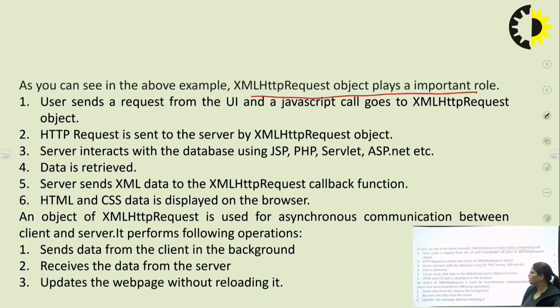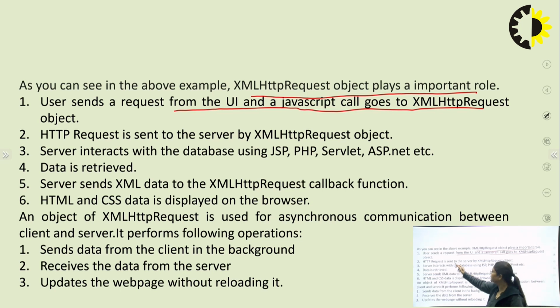So it will create one object. The user sends the request from the UI, and the JavaScript call goes to the XML HTTP request object. And in the second step, your HTTP request is sent to the server by the XML HTTP request object.